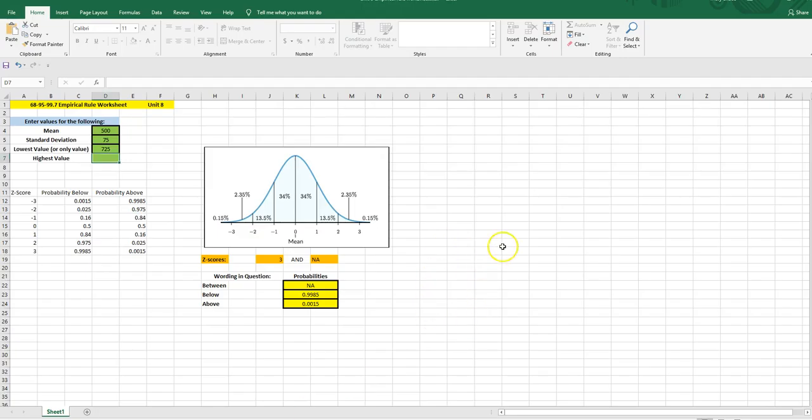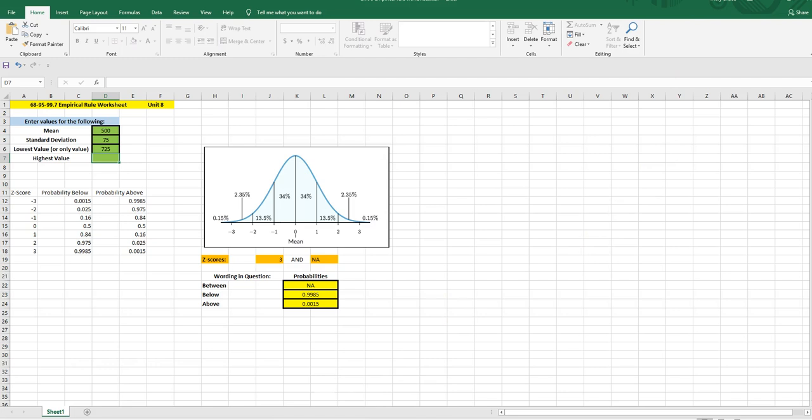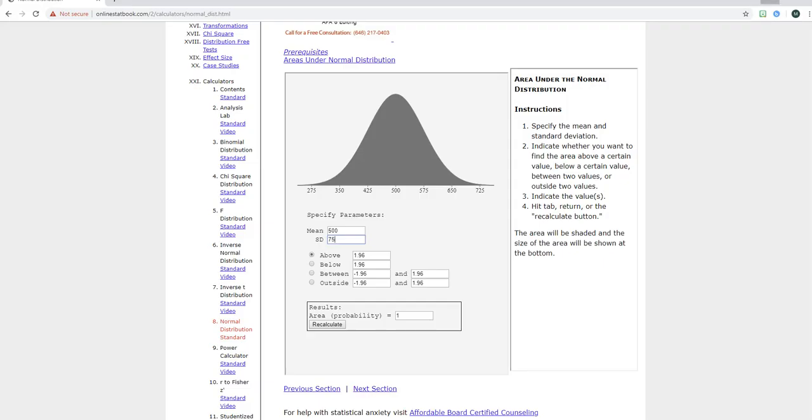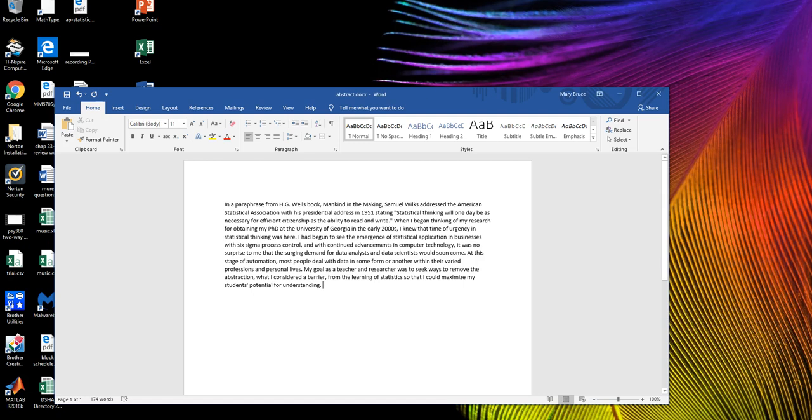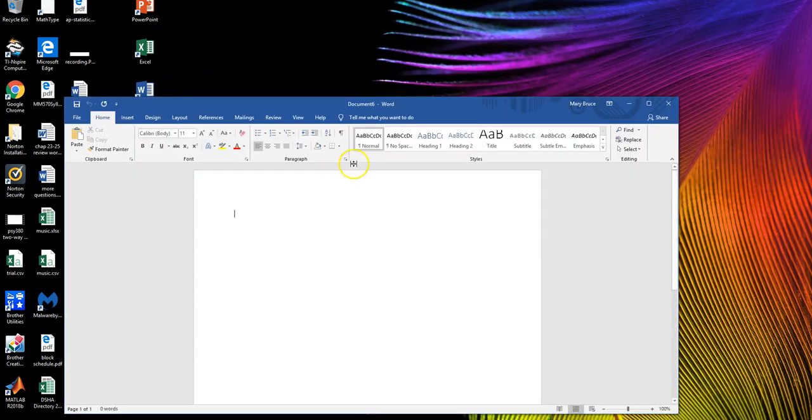Okay, so to get a z-score, and let me get to something I can write on here. All right, to get the z-score, if I choose 635, then we actually do 635 minus the mean, and we divide it by the standard deviation.